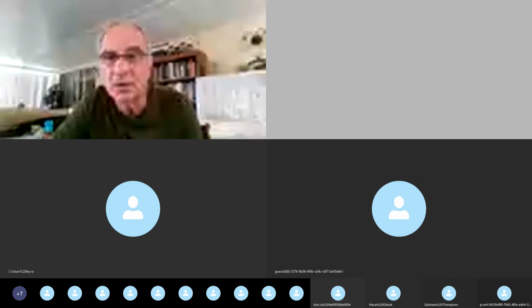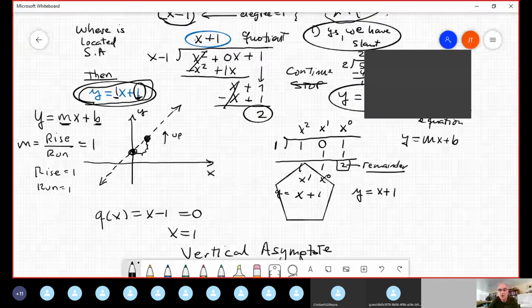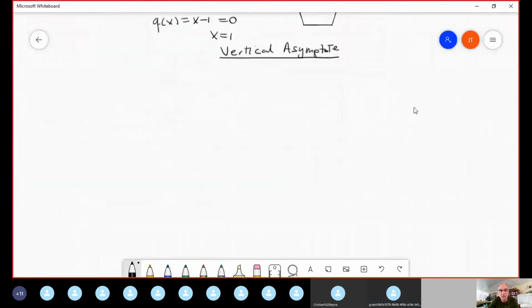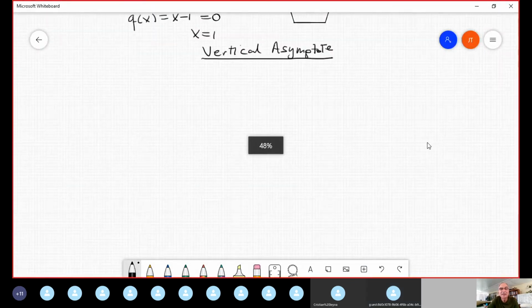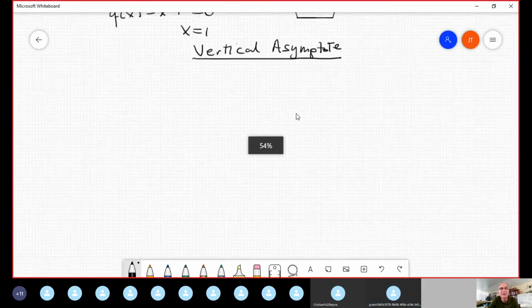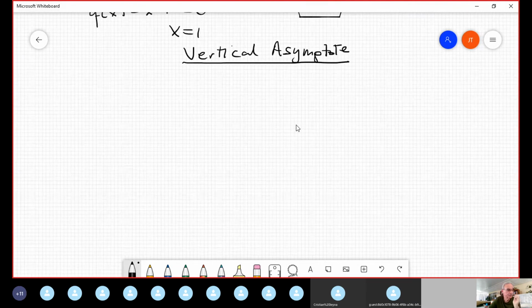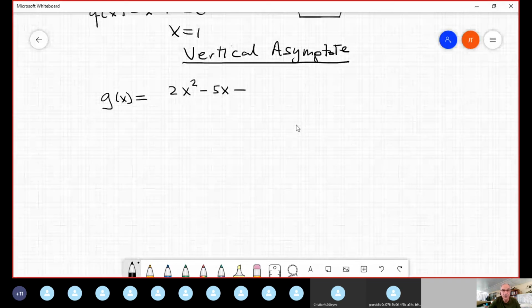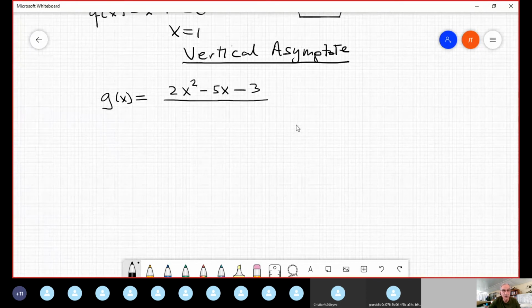You see the board? Okay. One more example of the slant asymptote. Suppose a function I want to call g. And the function is 2x squared minus 5x minus 3 divided by x minus 2.